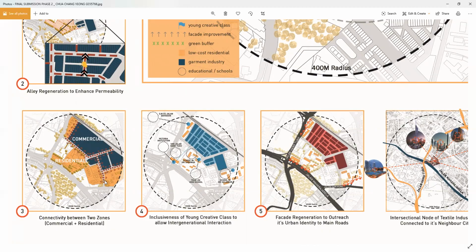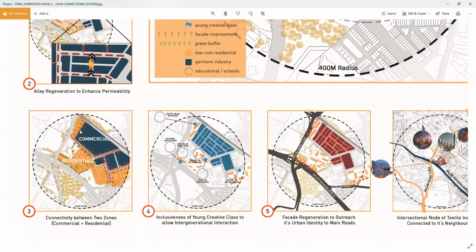It's kind of a metaphor of sewing, to sew up these two separated pieces into one, to join them together, to allow people to ping-pong from the commercial zone to the residential zone easily, to improve the accessibility. So it's like the metaphor of sewing to assemble the two parts.